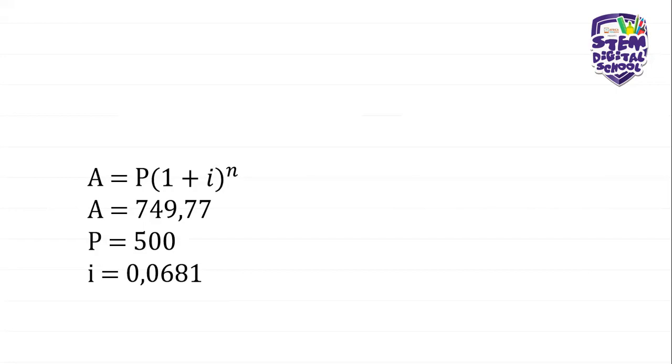And once you write it down as follows, you should not experience any problem, because you can see that in that formula, there's only one variable which is not given, and that variable is N. So you can see that we do not have N, and N stands for the number of years or the number of times that it will take for the investment to grow from 500 to 749 rands and 77 cents.